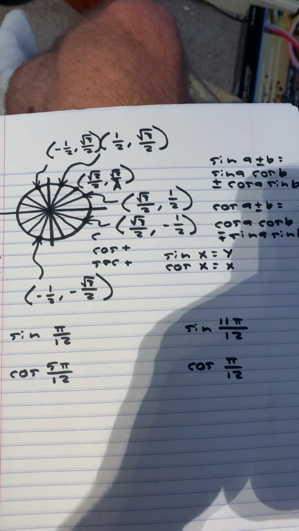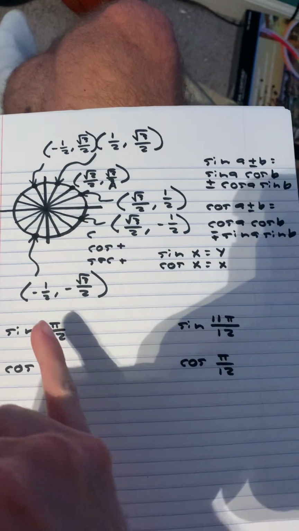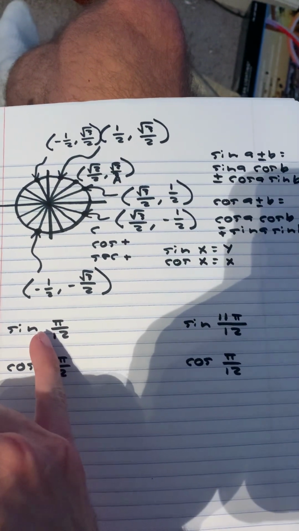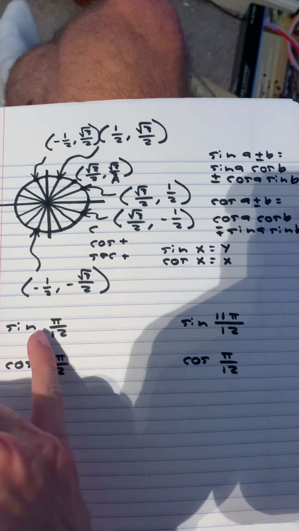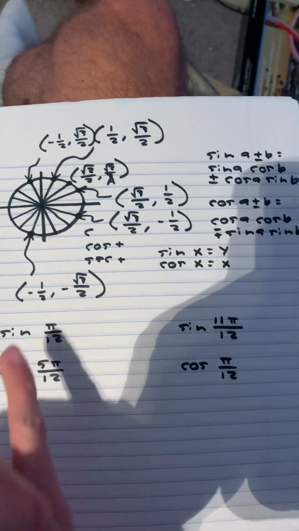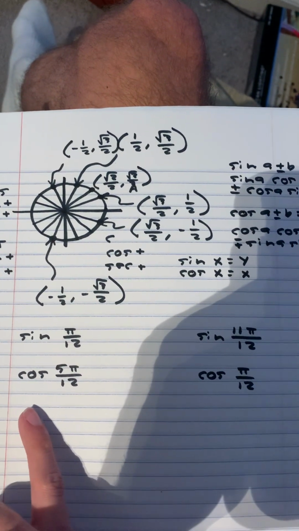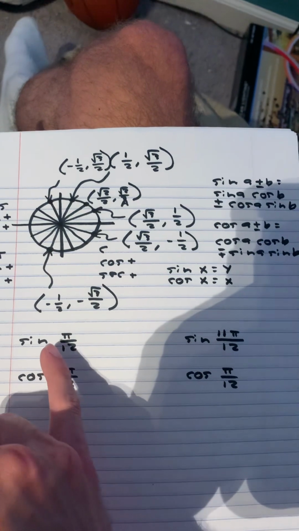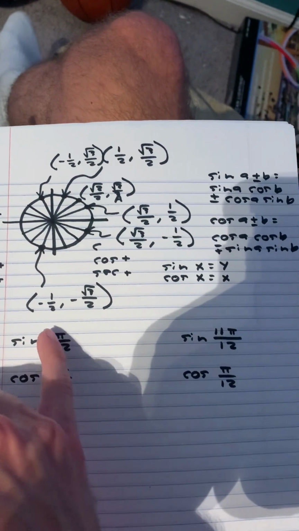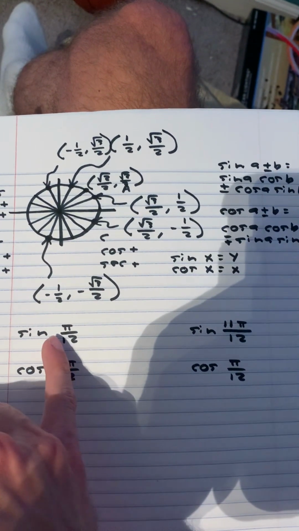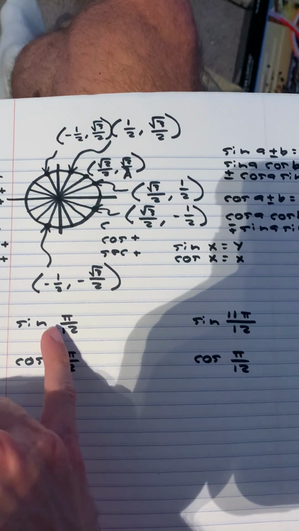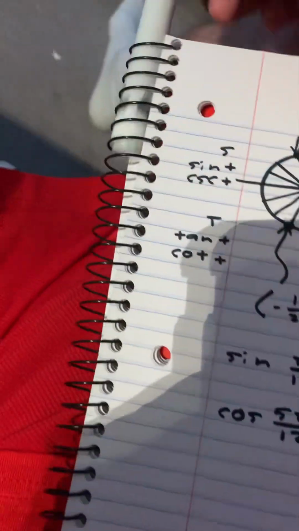So first of all, looking at the sine of pi over 12. Well, one way I could approach this is, hey, I could change pi over 12 into degrees, right? I bet you guys remember how to do that.